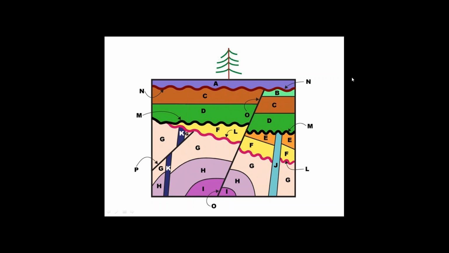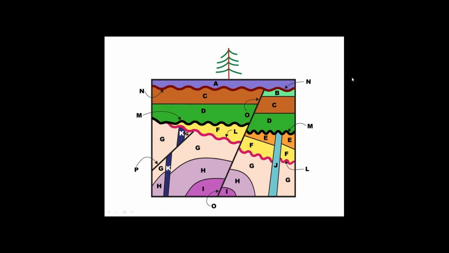So J is going to be younger than E, F, and G. We can't say clearly for H and I, but probably, because H is older than G. But anyway, it's younger because of the principle of cross-cutting relationships, where it cuts through all these layers of rock, meaning that it was formed later in order to have been able to cut through these.